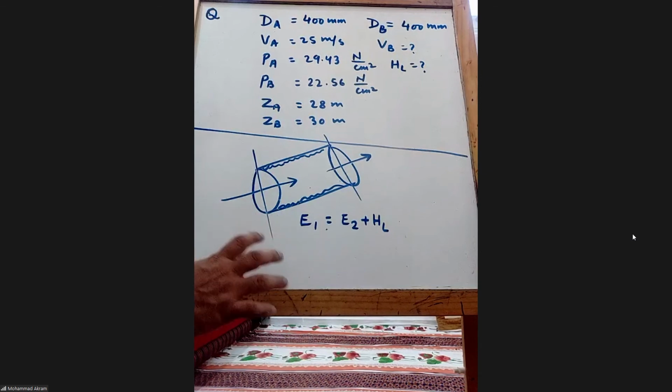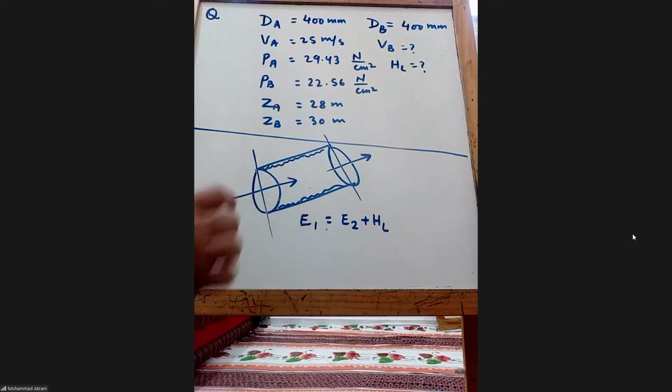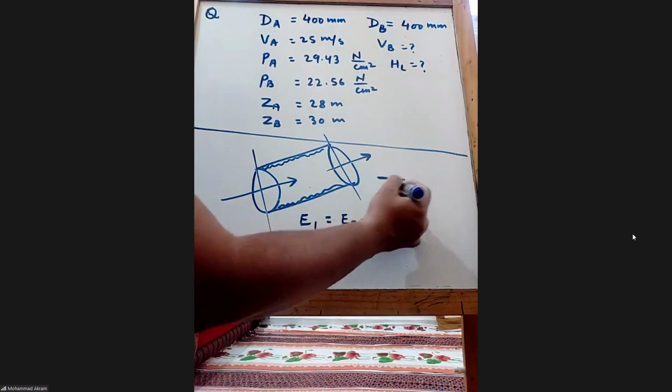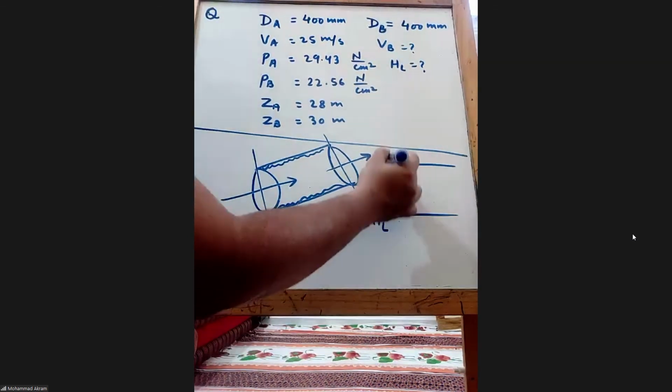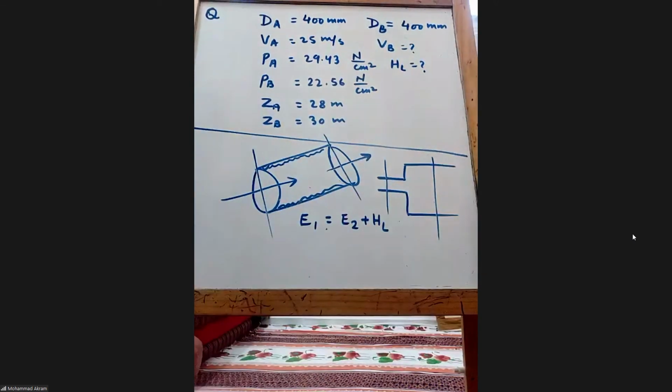There you will find that, for example, energy at section 1 and 2 should be same, right? But what is happening here? There is sudden change in area, right?